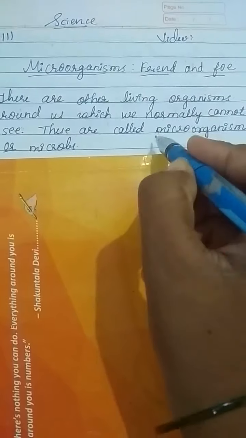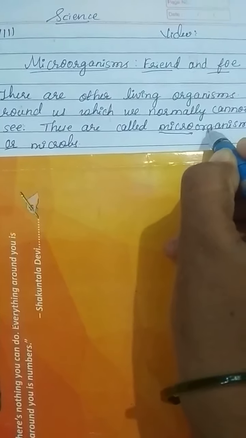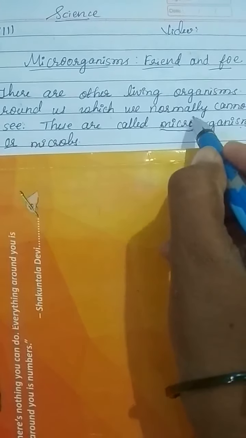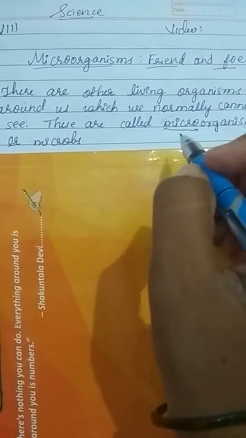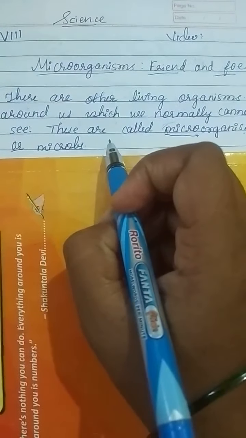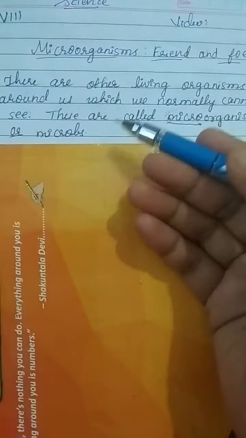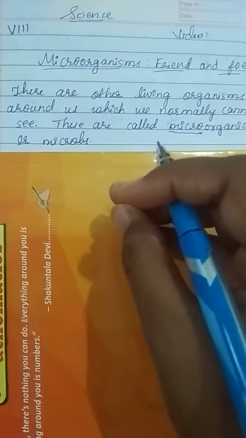Micro means very small, very little. Very small organisms, living beings. What is the meaning of micro? Very little, very thin, very small organisms which we normally cannot see with our naked eyes. These are called microorganisms or microbes. For example, you might have seen a moist bread during the rainy season.